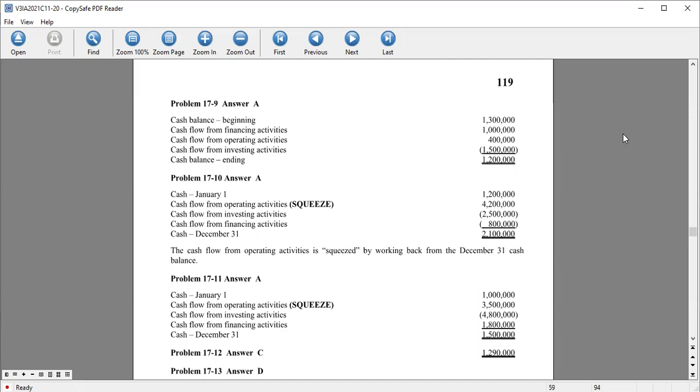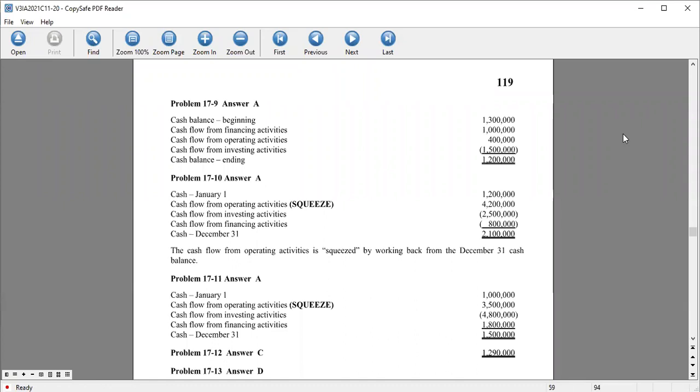That's the December 31 balance. From 1,500,000, we have negative 4.8 million, which we have to add back, and the total is 6.3 million, deduct 1 million and 1.8 million. So deduct 2.8 million, the difference is 3.5 million. That's the cash flow from operating activities.